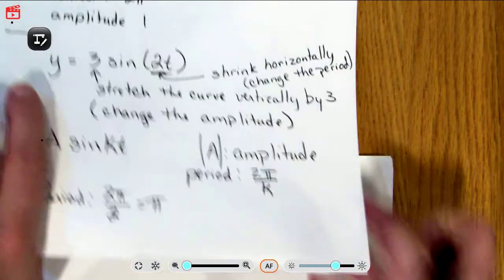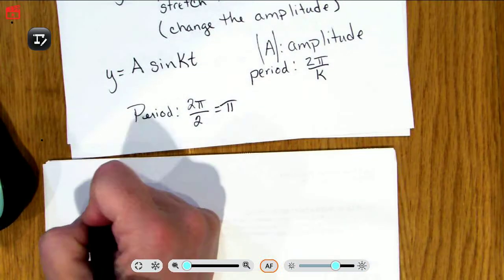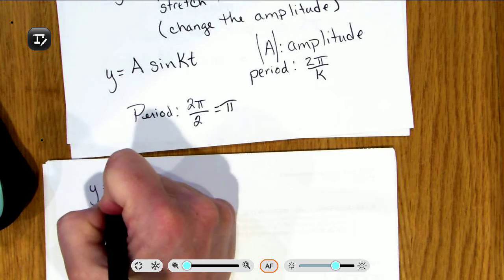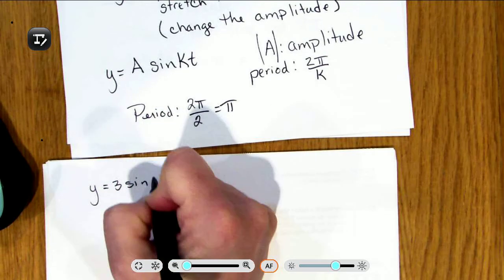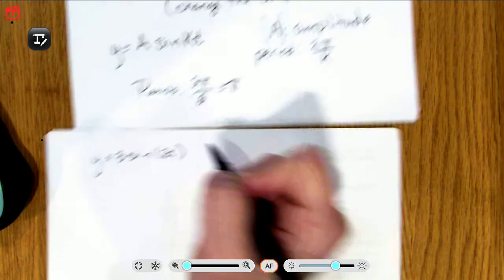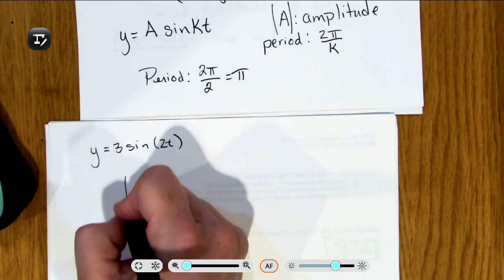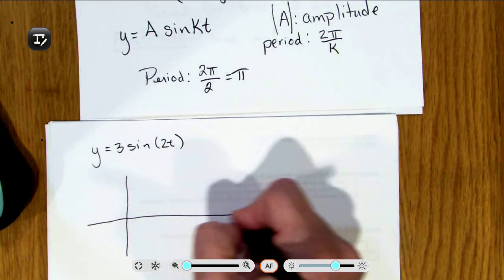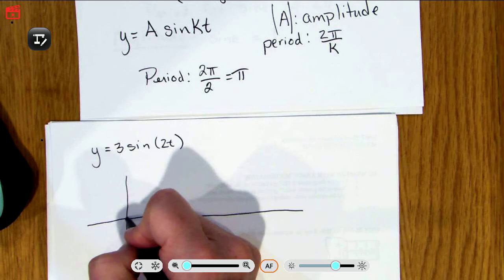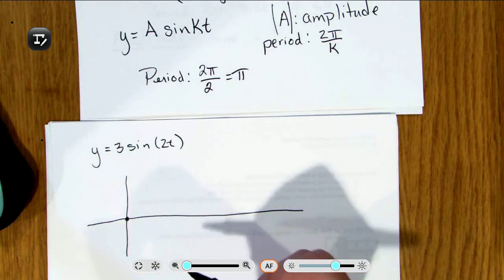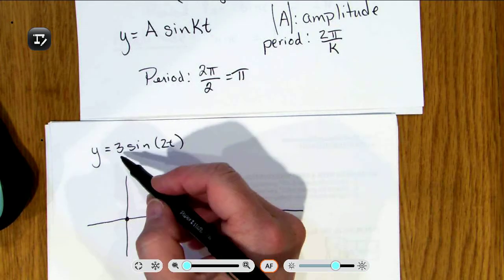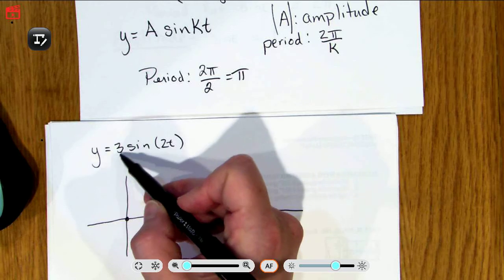All right, let's draw this guy. Again, we are drawing y equals 3 sine of 2t. The sine curve is the one that starts here, goes up and down and up. That's not going to change because we do just have a positive value.